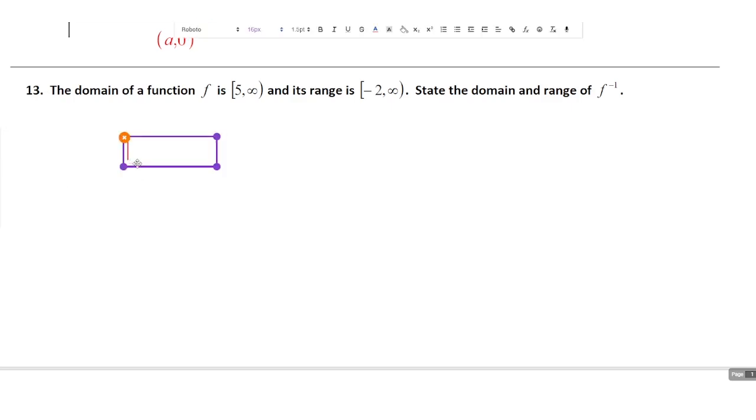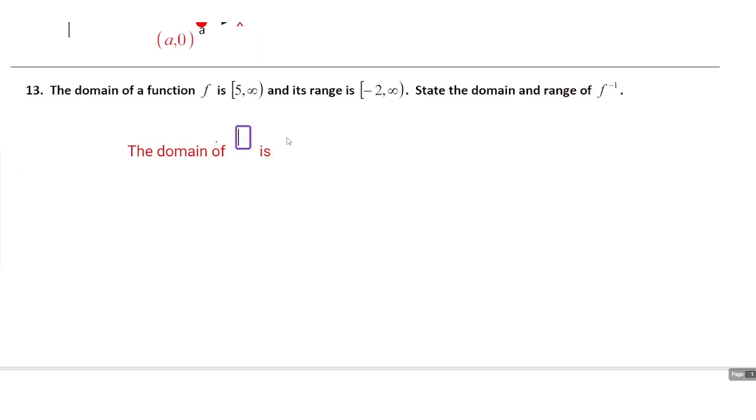So the domain of f inverse is going to be the range of the original function f. That's going to be -2 to infinity.